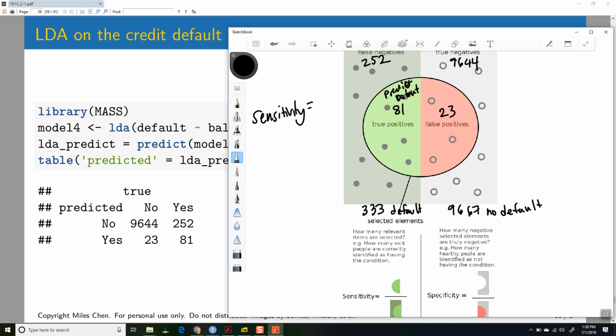So our sensitivity is equal to 81 divided by 333, which is, what is that? 81 divided by 333, 0.243. So not very good. Okay, our specificity, well, what is our specificity?